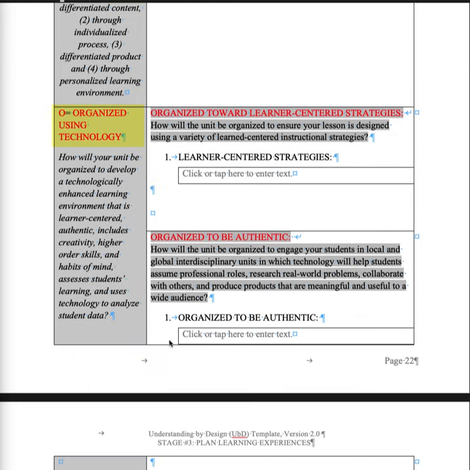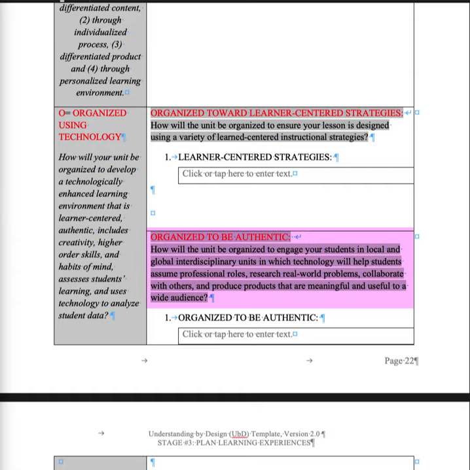Moving on to the O in WHERETO. How will your unit be organized using learner-centered strategies? These could be things like case studies, discussion, or experiments, all of which are learner-centered strategies. How will your unit be organized to be authentic?